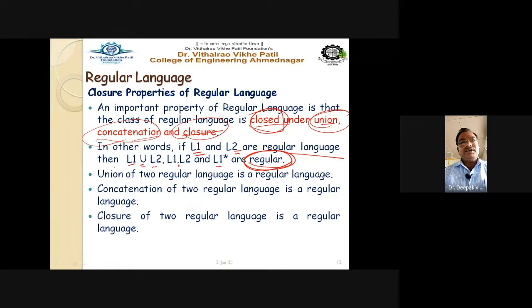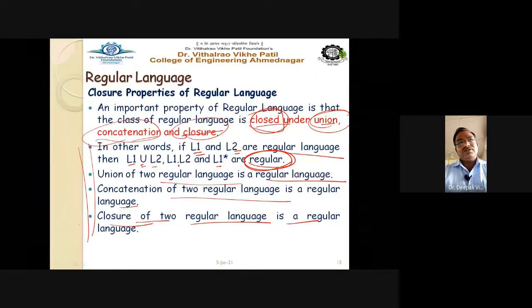So the union of two regular languages is a regular language, the concatenation of two regular languages is a regular language, and the closure of a regular language is also a regular language. Getting this point? So remember this characteristic. There may be a question on these properties of regular language.